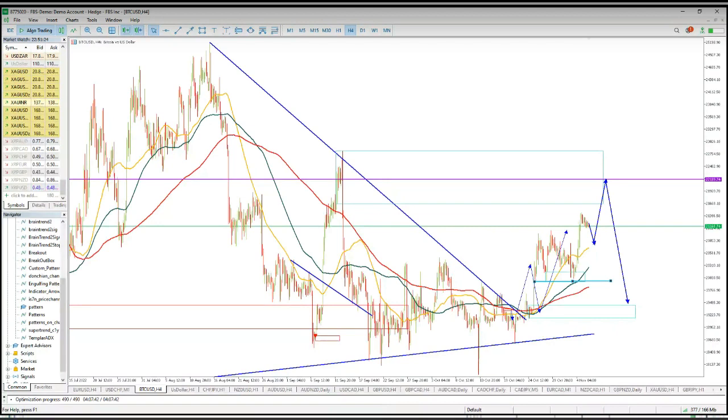BTCUSD, is that clear? Please let me know if that's clear.